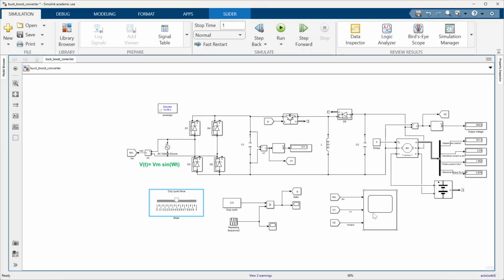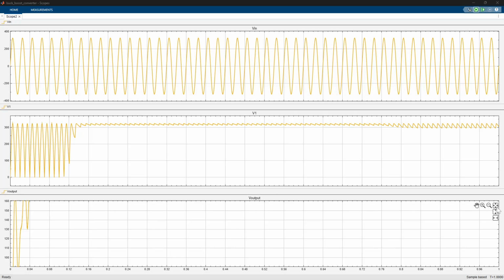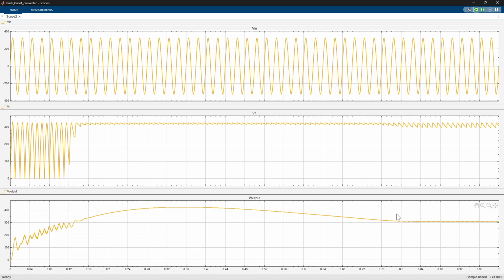And if you observe the waveform, you can now see that there is more transient formed, and there is more overshoot, and you require more time to settle your motor behavior in a steady state.